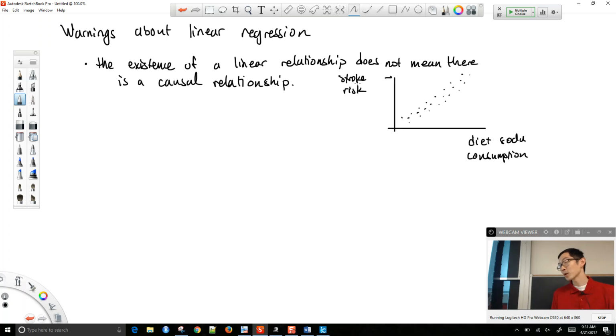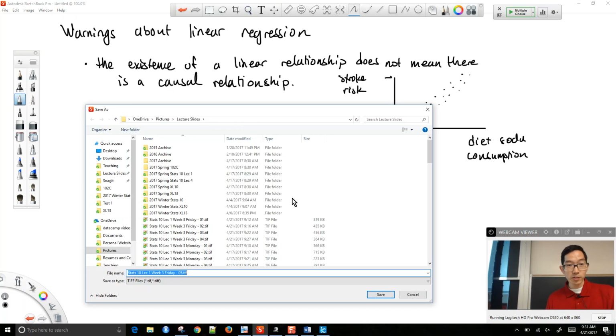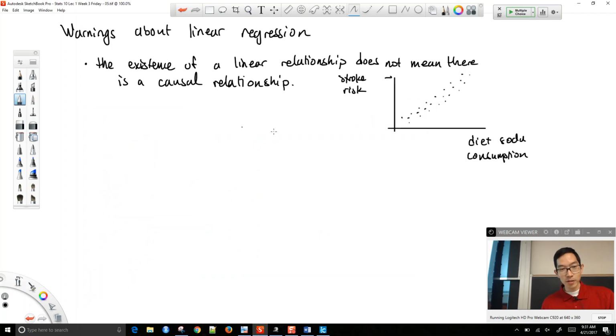There could be a cause and effect relationship, but until we start forcing people to drink diet soda and study the effects, we cannot claim cause and effect. Correlation is not causation. Same thing goes here.